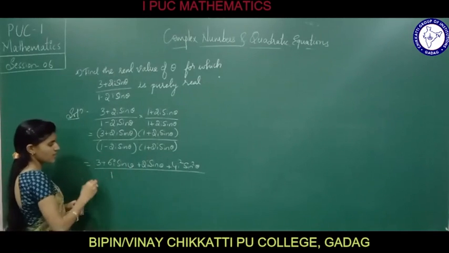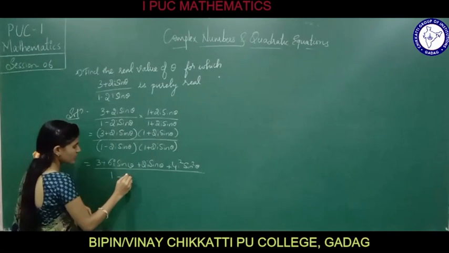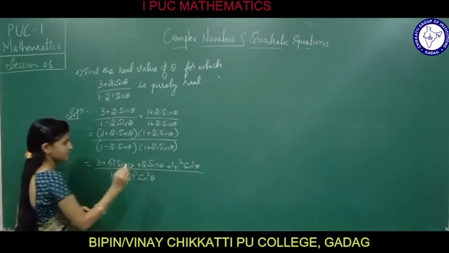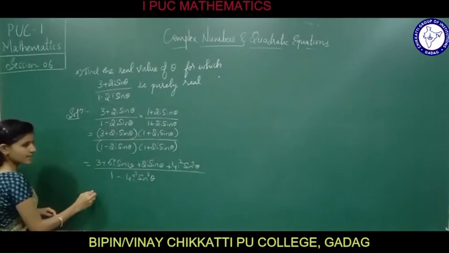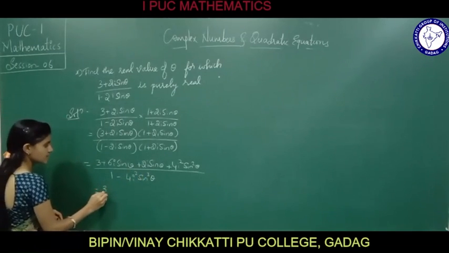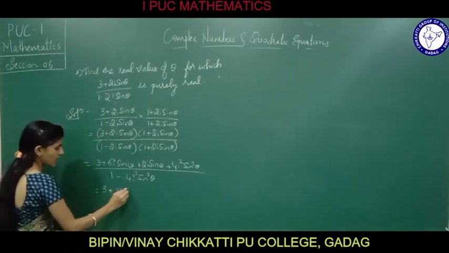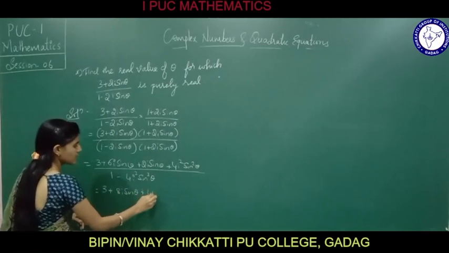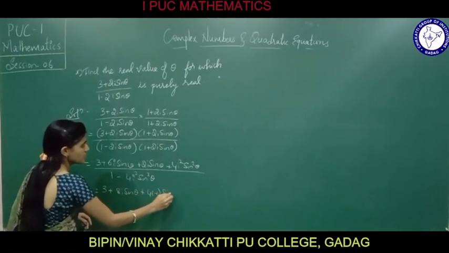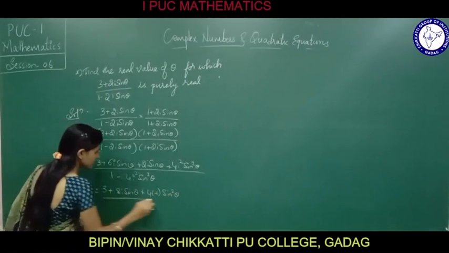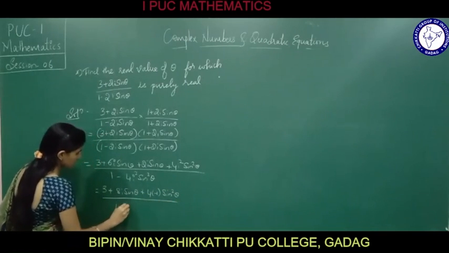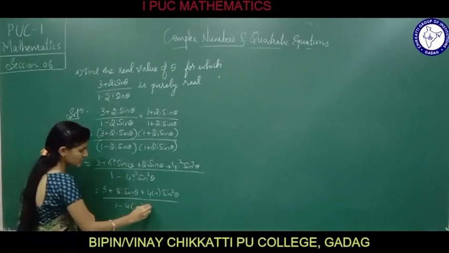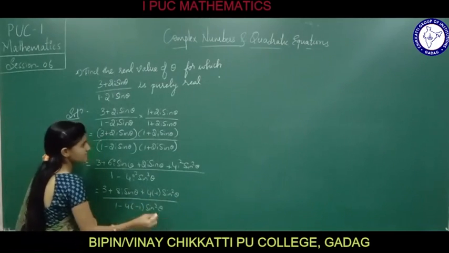Nothing but 1² is 1 minus 4i² sin²θ. This I can write as 3 + 8i sin θ + 4i² sin²θ, with i² as −1, divided by 1 − 4 into the value of i², which is −1, sin²θ.